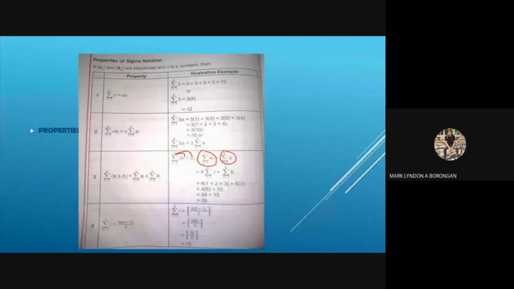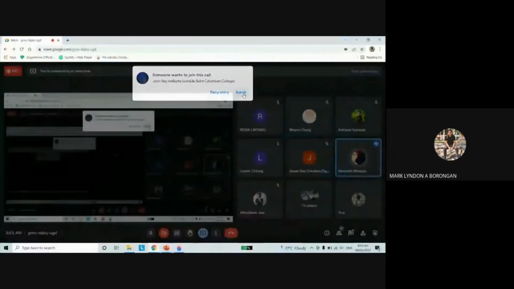Understood? Okay. So again, we just separated it using the third property.